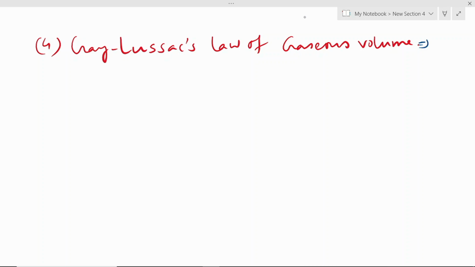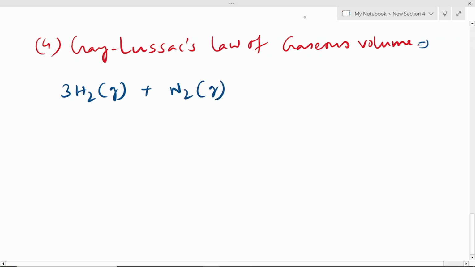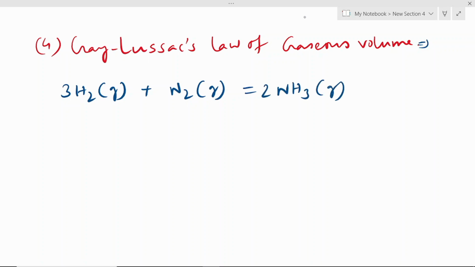Take the formation of ammonia as an example. Here 3 volumes of hydrogen combine with 1 volume of nitrogen to form 2 volumes of ammonia.